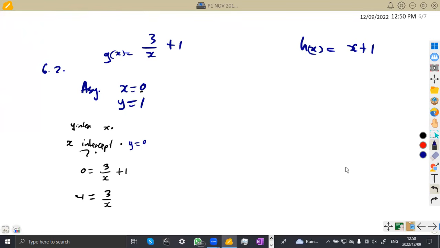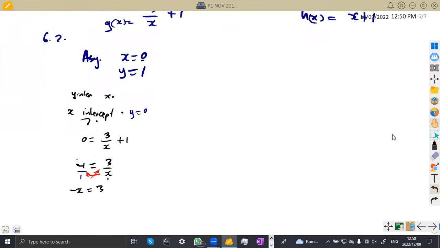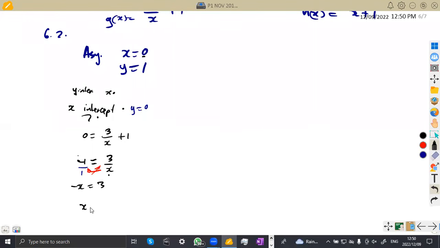Negative 1 is the same as negative 1 over 1, so you cross multiply to find x. That's negative x is equal to 3, so dividing by negative 1 on both sides, x is equal to negative 3. That's the only x-intercept that we can have, at x equal to negative 3.